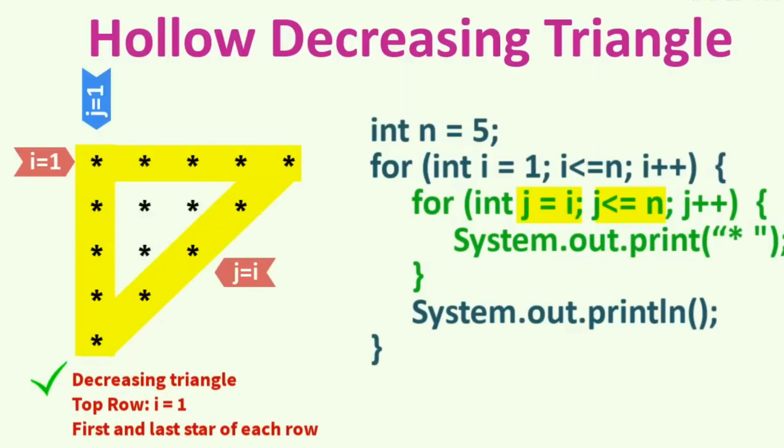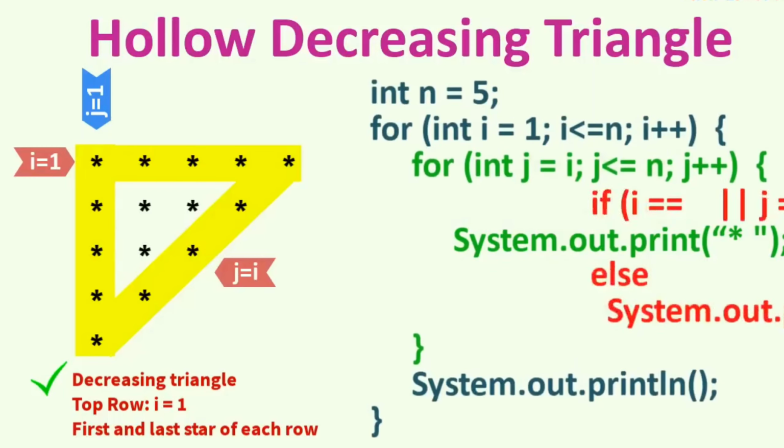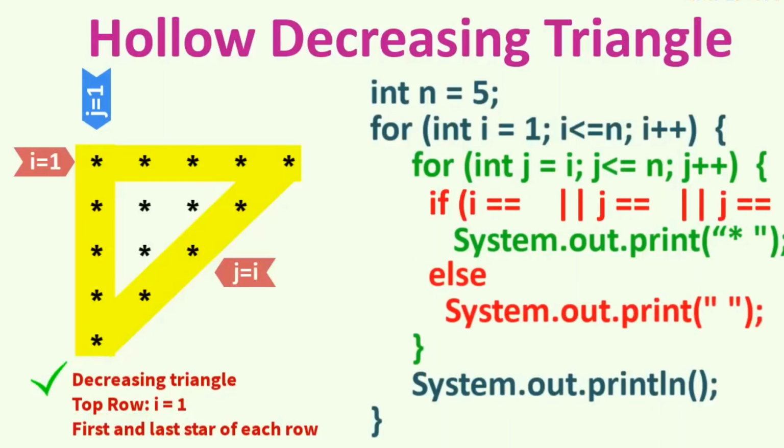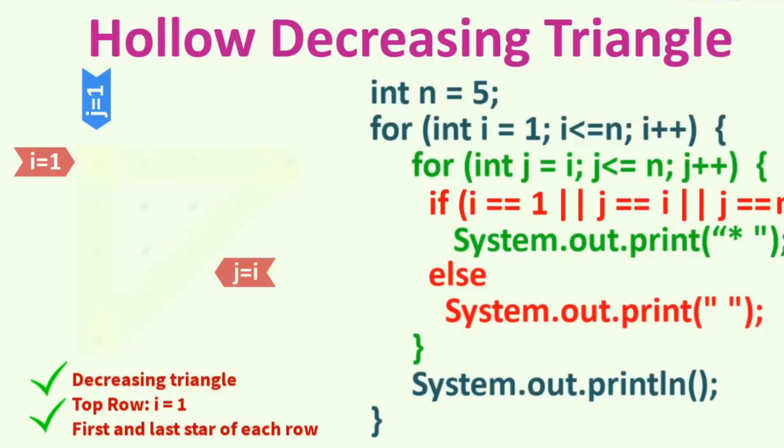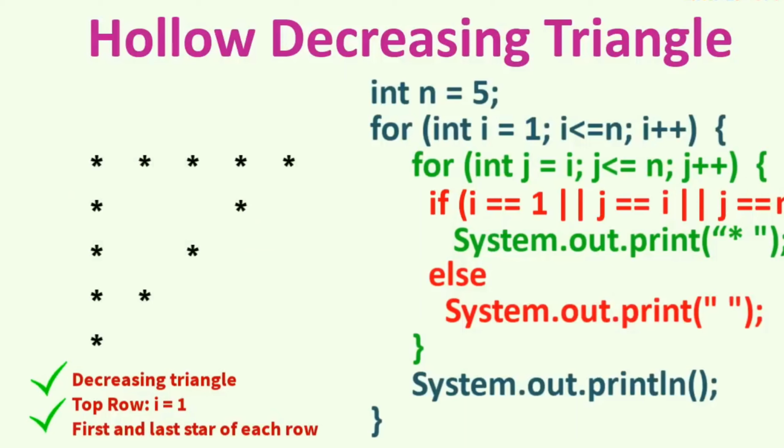Our loop for j gives the starting and ending condition for stars to be printed in each row. So we will add an if condition for the first row, which is i is equal to 1, and j is equal to i and j is equal to n. If you run this, it will give us the hollow decreasing triangle.